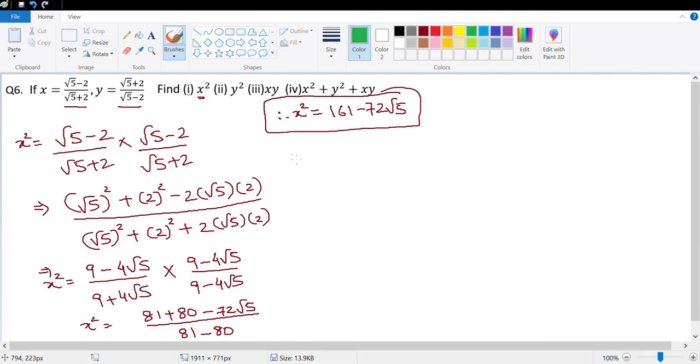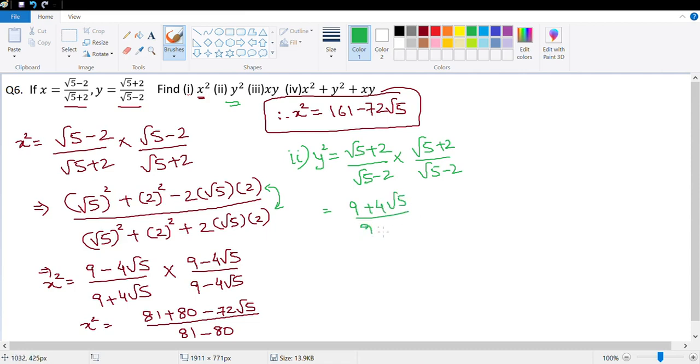Let's look at the second one, which is y square. So y square would be equal to root 5 plus 2 upon root 5 minus 2 multiplied with root 5 plus 2 upon root 5 minus 2. This is exactly the reverse of this, in terms of numerator has become the denominator, denominator has become the numerator. So this now becomes 9 plus 4 root 5 upon 9 minus 4 root 5.